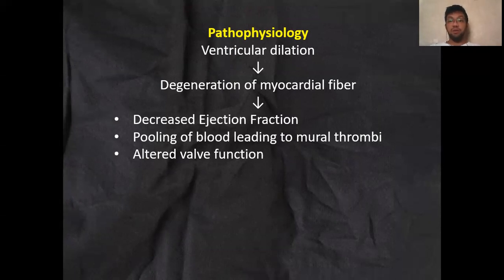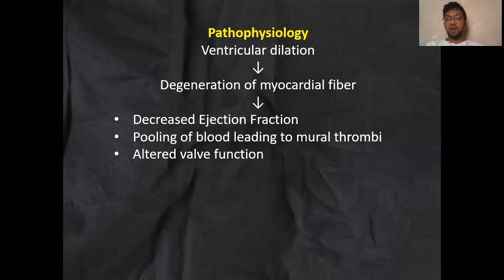So a little amount of blood will be pumped out from the ventricles, leading now to the pooling of blood inside the ventricles. And if that happens, there is going to be mural thrombi. So a thrombus formation will occur on the inner lining of the heart, which can be very dangerous because that can be an embolus later on, which can lead to heart attack.